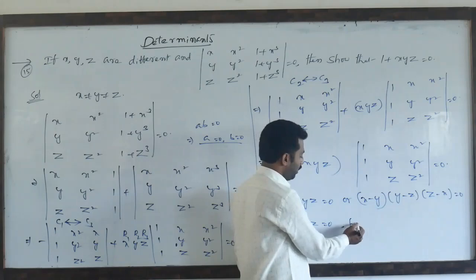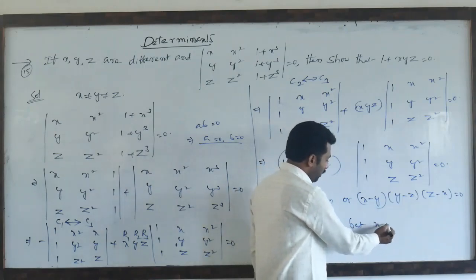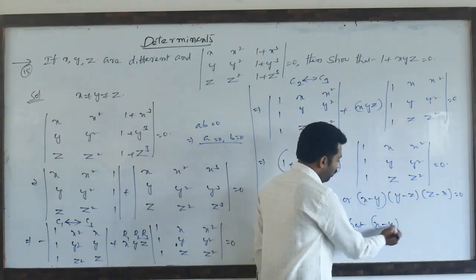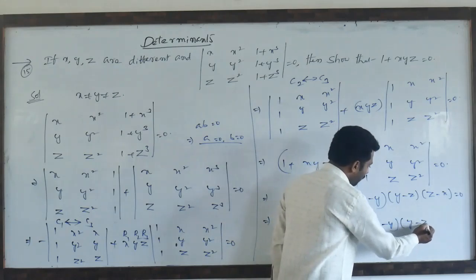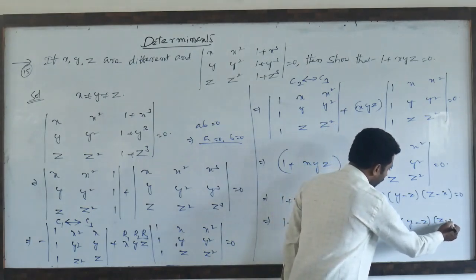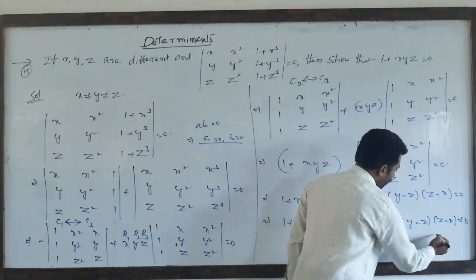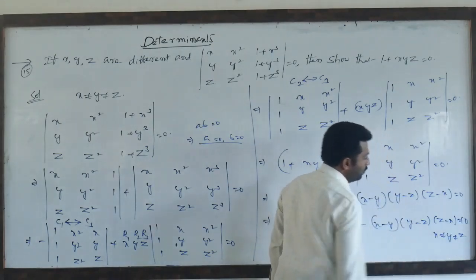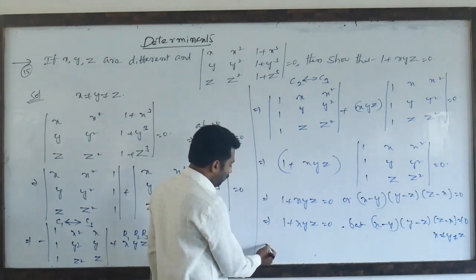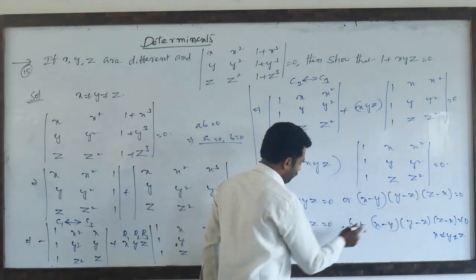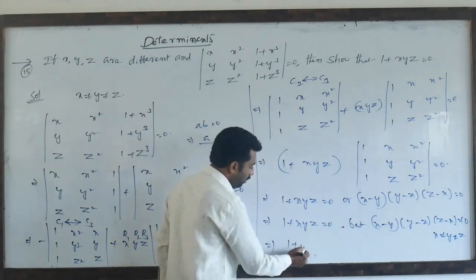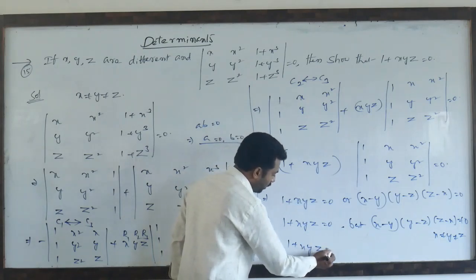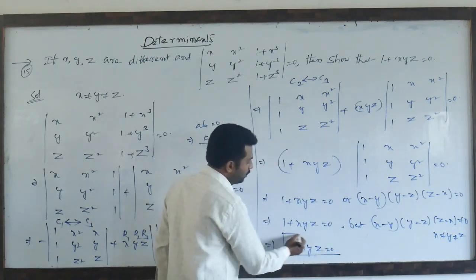So we write like that: x minus y, y minus z, z minus x cannot be 0 because x is not equal to y is not equal to z. Therefore we are neglecting this. So finally we write 1 plus xyz equals 0. This is the proof.